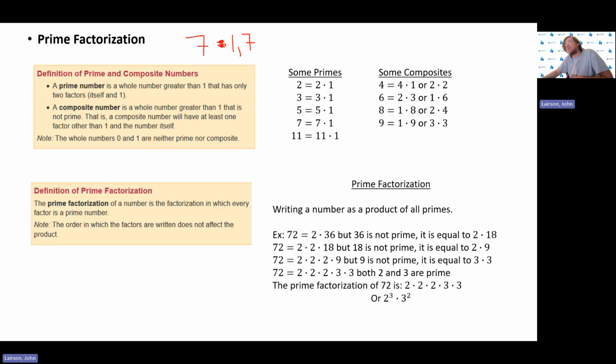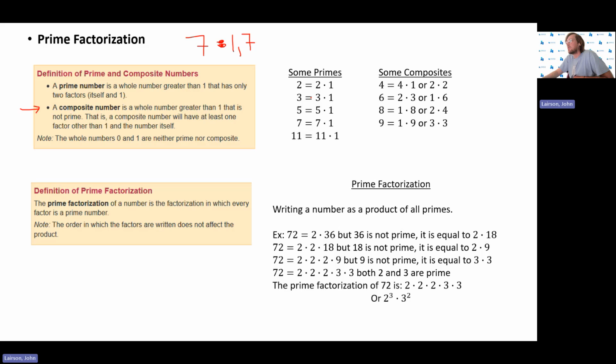A composite number is just not a prime, basically. Prime numbers are a little bit tricky to find, because if you remember how I went through 7, I took 7 divided by 2, 3, 4, 5, and 6, and that takes some time to do. So it is helpful to know what a few of them are.